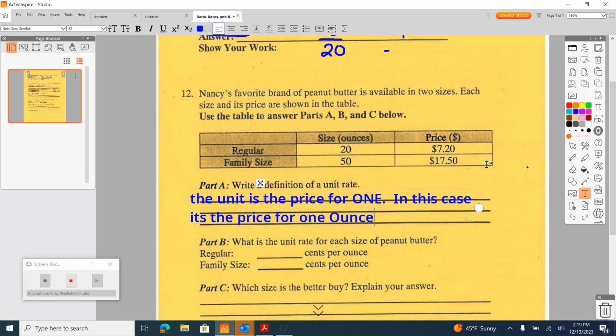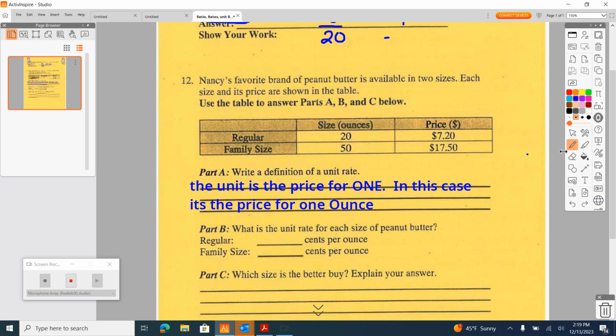So we are going to have to do two different division problems. The first one is $7.20 divided by 20. And if I count by 20s, 20, 40, 60, 80, so I know that I am going to use a 3. I can do guess and check and do it on the side here, but I know that 3 times 20 is 60. That's my multiplication. I'm going to subtract, bring down the 0, and repeat.